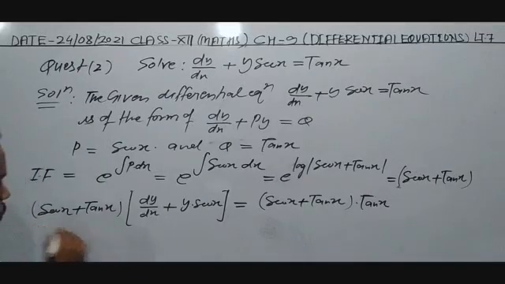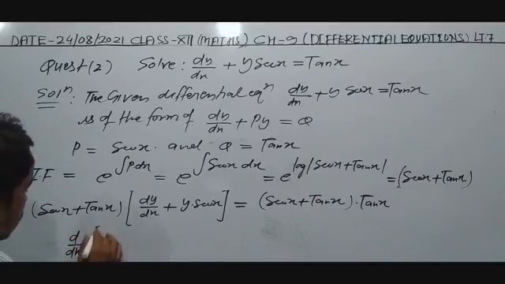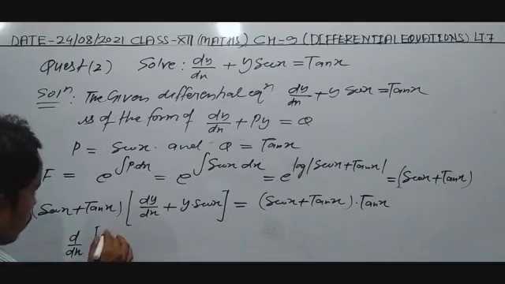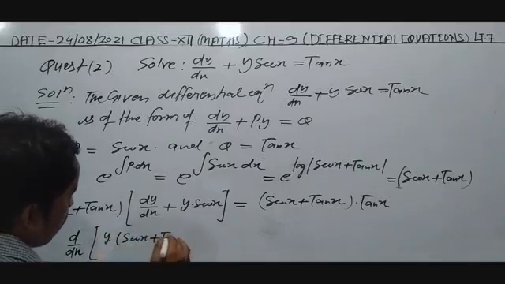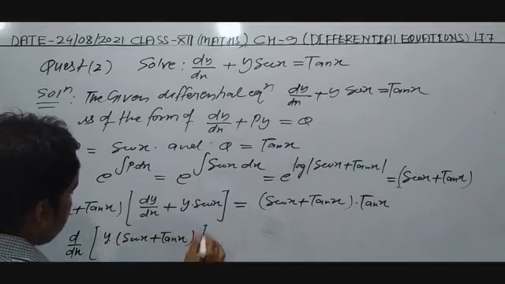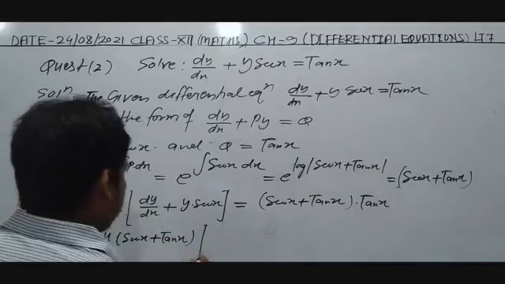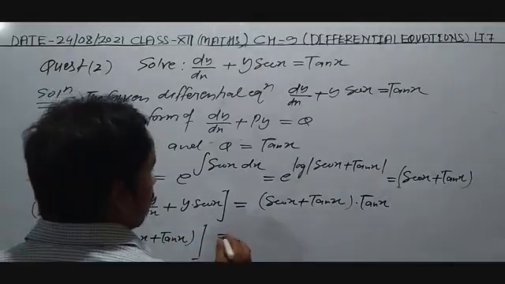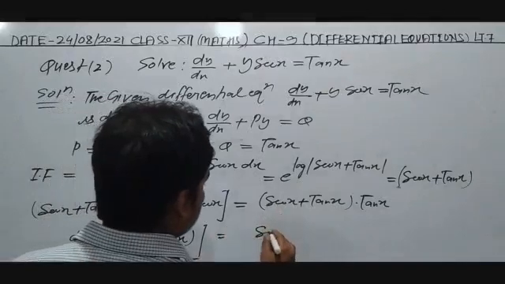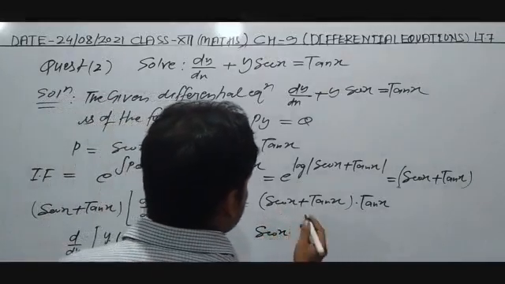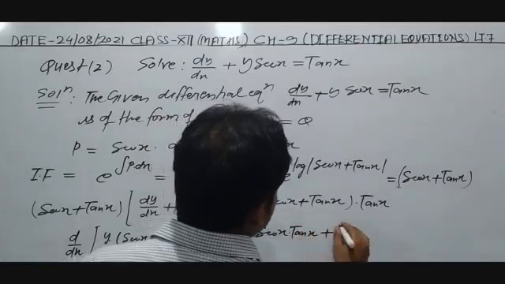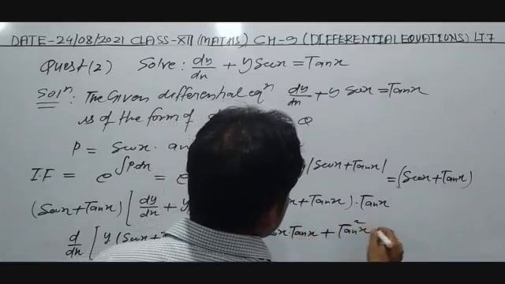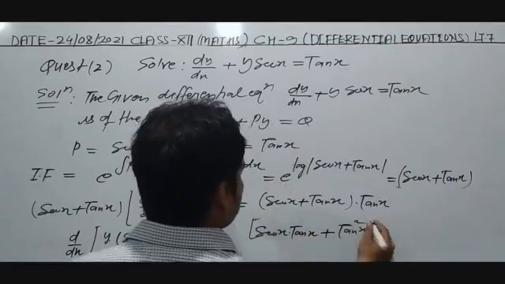This whole calculation we can write as the result of d/dx of y times (sec x plus tan x), and its result is sec x tan x plus tan square x after multiplying.